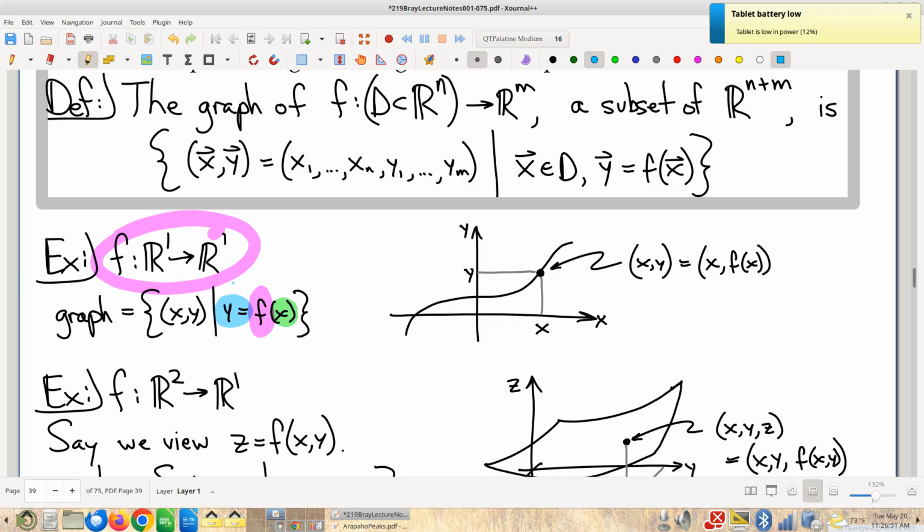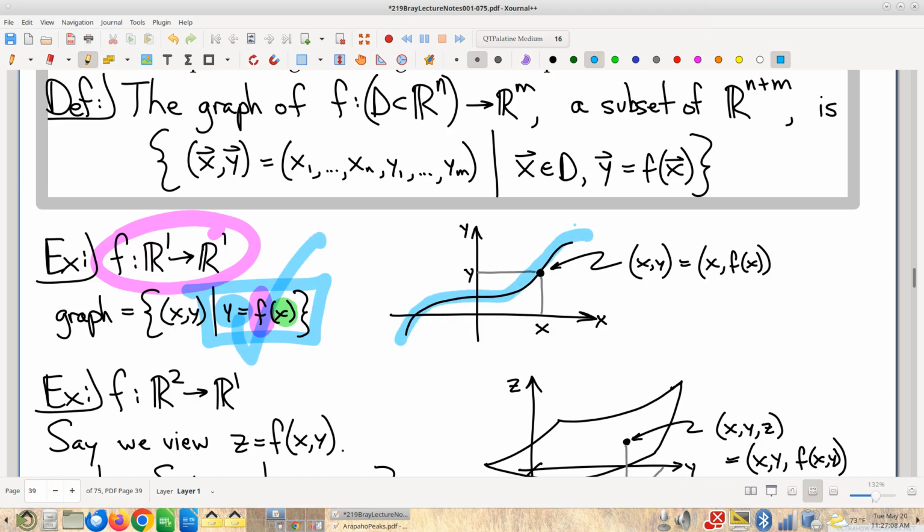But if you want to form the graph, you say we choose to call those outputs by a different variable name. Call it y instead of f of x. And when you do so, the resulting equation gives a curve, and that curve is the graph. So, a different way to think about it. All the different points of view I gave you are equivalent, but I think it's nice to have different takes.